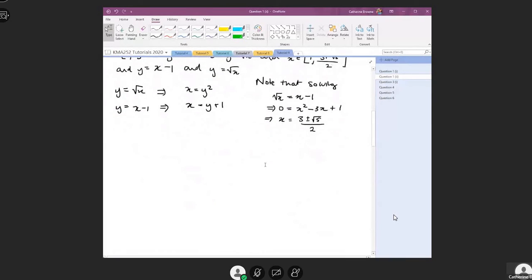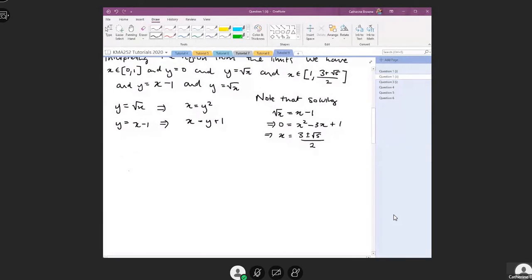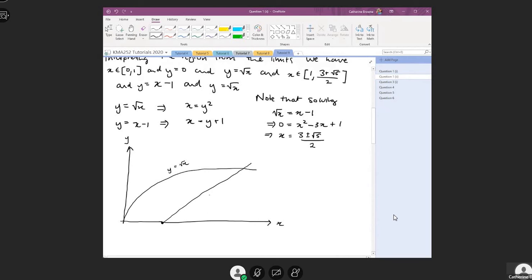So now if I draw this, this is the line y is equal to root x, and then this is the linear line y is equal to x minus 1.